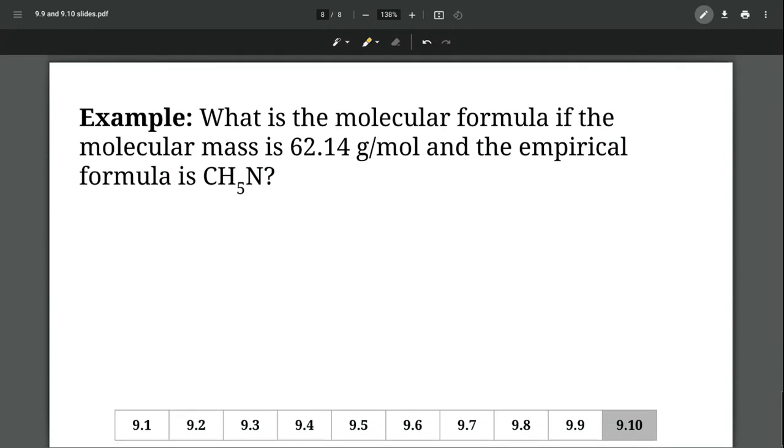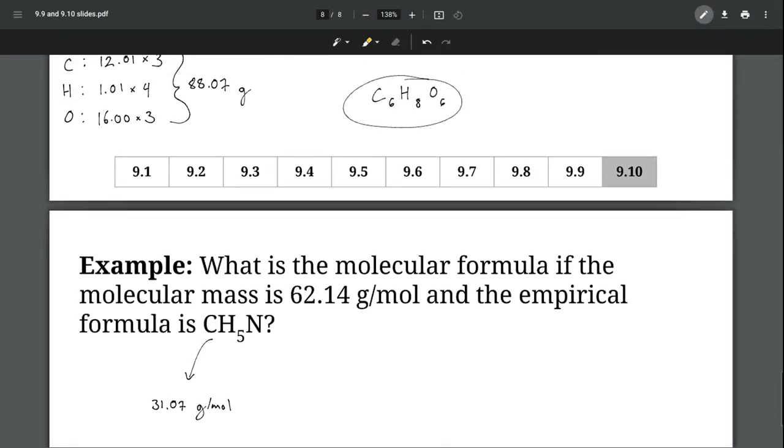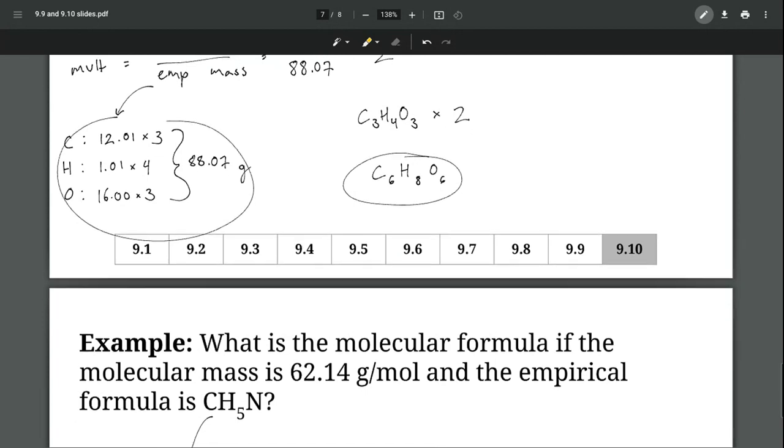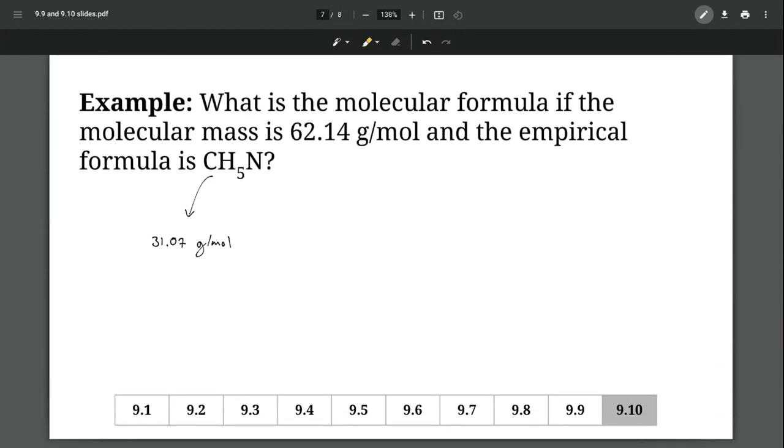And so our last example here: what is the molecular formula if the molecular mass is 62.14 grams per mole and the empirical formula is CH5N? Just to save time here, I've already calculated the empirical mass of CH5N, which is 31.07 grams per mole, because we've been doing that whole thing for a while now, and that's not the focus at the moment.